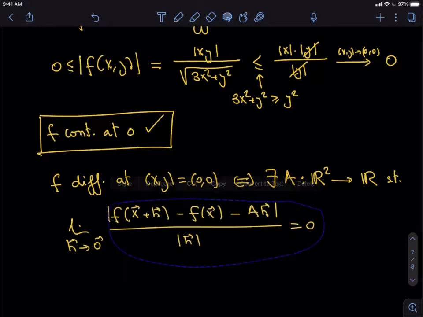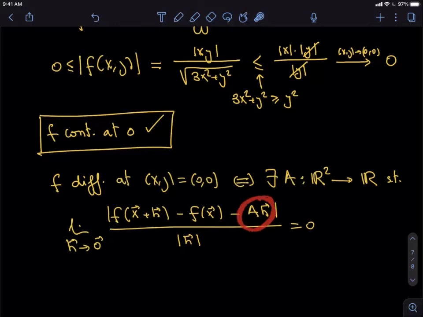Now, at this point, we don't have a guess for A, but in a couple of videos, we will be able to start this problem having a guess of what A should be if the function is differentiable at all. That will help a lot because right now we don't know. Once we can just plug in a guess, the problem becomes much easier. So let's start.